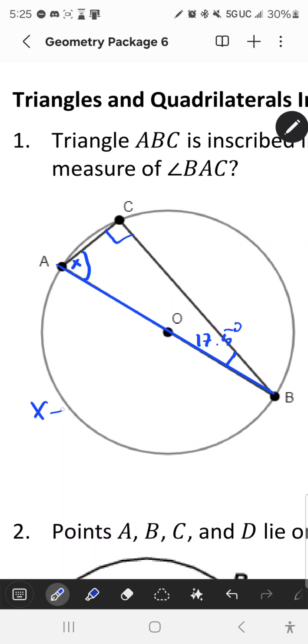I can say that x plus 90 plus 17.5 equals 180, because all angles in a triangle add up to 180.